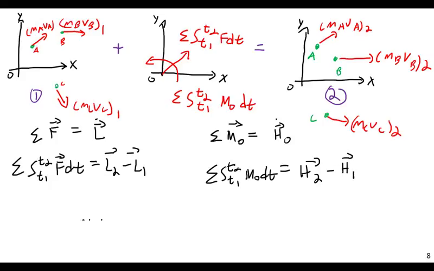So finally, I can say L1 plus the summation of the integral from T1 to T2 of F dt equals L2, just moving this over here.